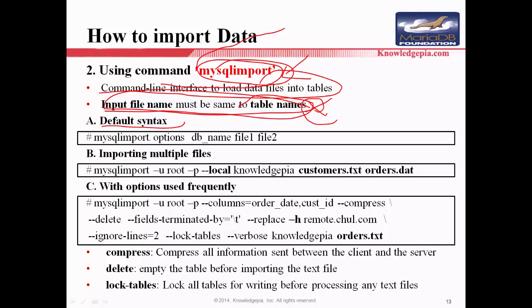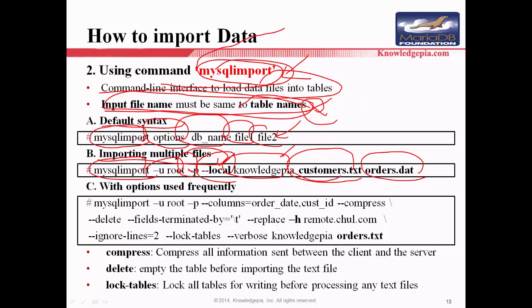The default syntax is mysqlimport, command line options, database name, then file1 or file2; you can put multiple file names here to import multiple files. So mysqlimport, the command line, username, password, and if you insert into the local database, the local option, and in my case knowledge base is the database name, customers.txt, orders.dat.